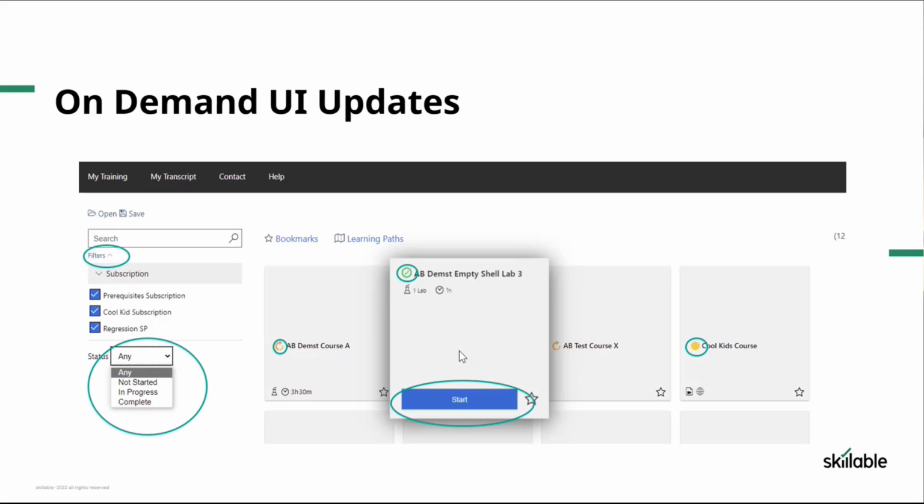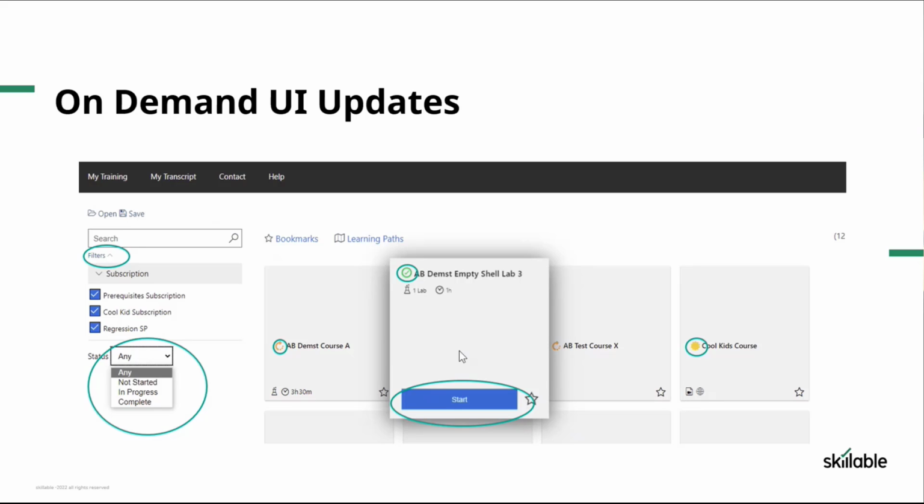Let's say they got 10 courses given to them and they had to work through those. There was no obvious way for them to work out which ones they've done, which are in progress, and which they've not started. So that filter allows you to do that, along with the icon. The other change is the button itself. This screenshot's not a great one, because the button says start.